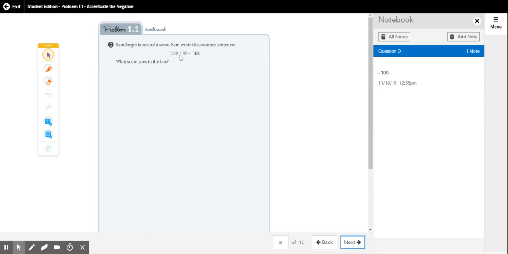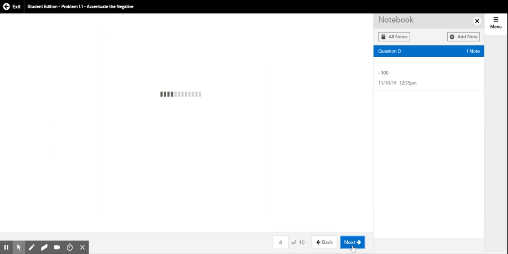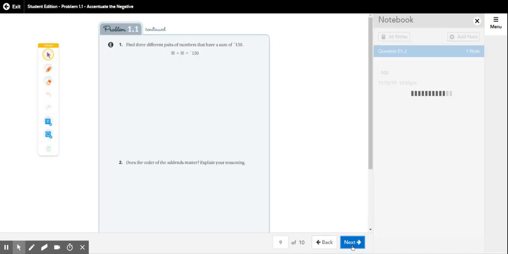The number here has to be negative. So we've lost 100 points. This is a different way of representing minus 100. We're going to add a negative value to negative 350 and we end up more negative. So that's the missing value there. It didn't ask for an explanation, so just writing in negative 100 would be fine.